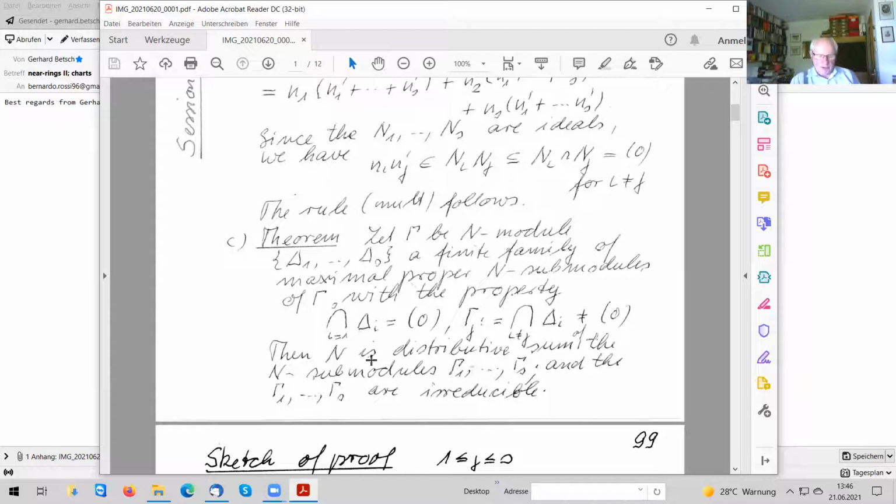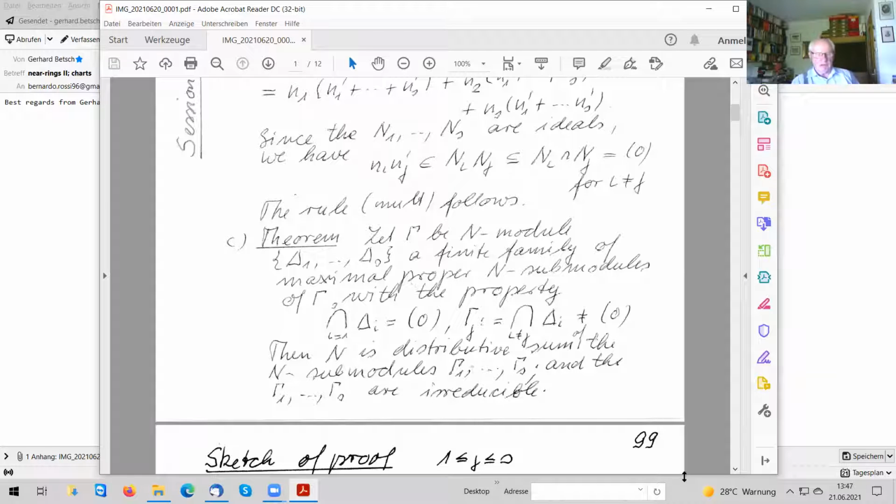With these properties, the intersection of all the deltas is 0, and if we omit 1, then we obtain such a gamma I. We assume that this is not equal to 0, then n is a distributive sum. I explained this concept. Then n is a distributive sum of the n submodules gamma 1 up to gamma s. And these gamma 1 to gamma s are irreducible.